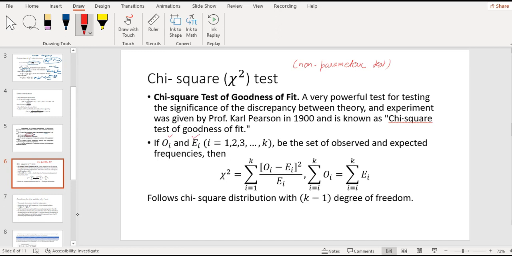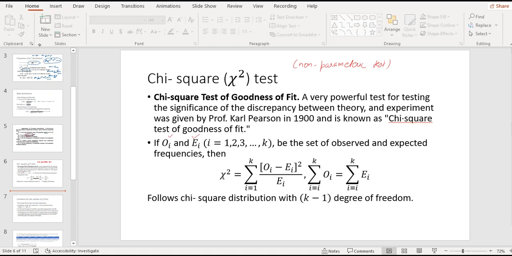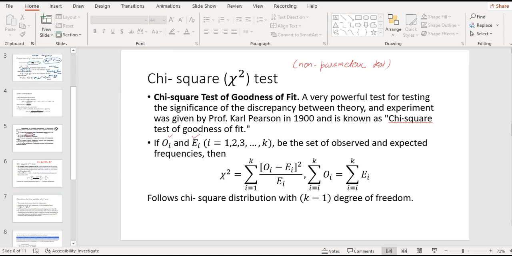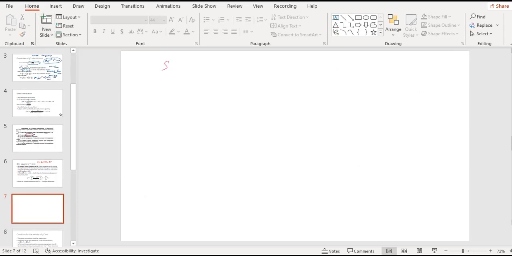And how do we calculate the chi-square statistic? The criteria for testing of hypothesis are the same as what we did earlier, that is, we follow some steps. The first step is to set up the null and the alternative hypothesis.